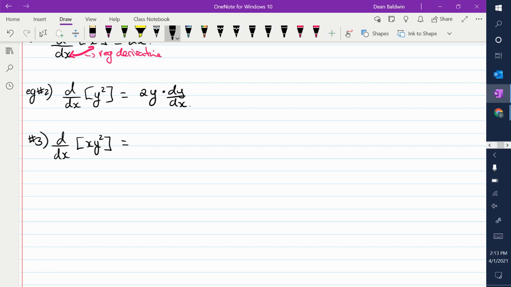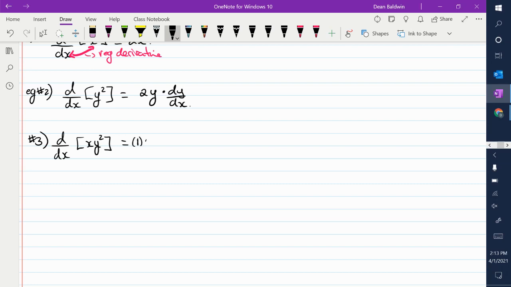You're going to use product rule, right? Because there's two functions being multiplied. There's x times y squared. So product rule says the derivative of the first one. What's the derivative of x with respect to x? Just 1. You can use your regular rules.